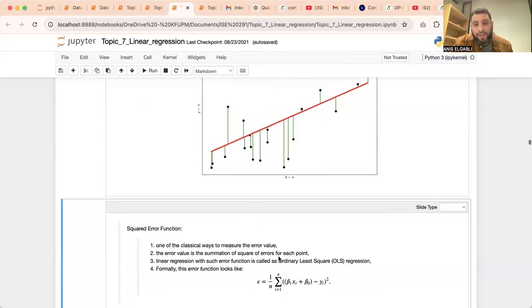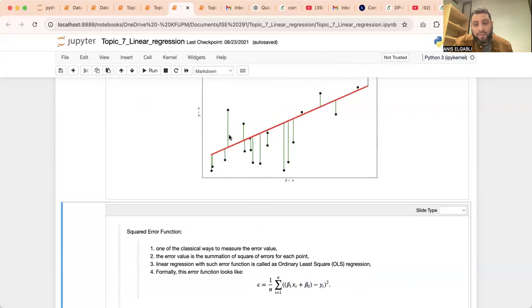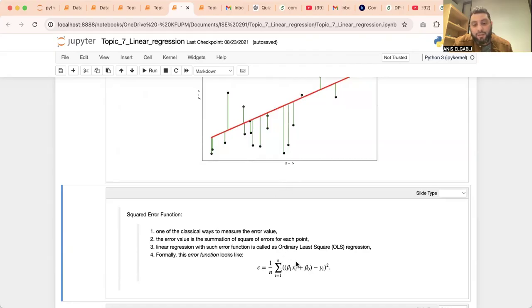Another choice for the error function is the sum of the absolute errors. You take the difference between the actual and the estimate, take the absolute value, and sum all the absolutes, or take the average as well. That's another choice. But the squared error has many nice properties. Besides being the maximum likelihood estimator if the errors are normally distributed, it is strictly convex.